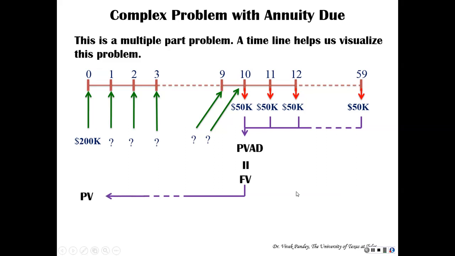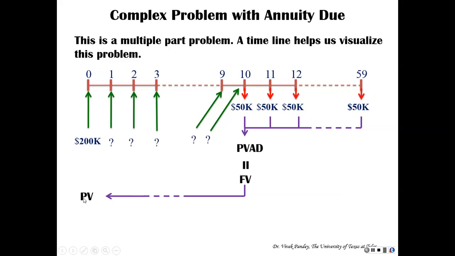Then we're going to take this amount and say, well, that's what she needs to have 10 years from now. So we'll take that amount, make it a future value, and calculate how much all of that comes out to in today's dollars. We'll want to find out the present value of that 10 years ahead.